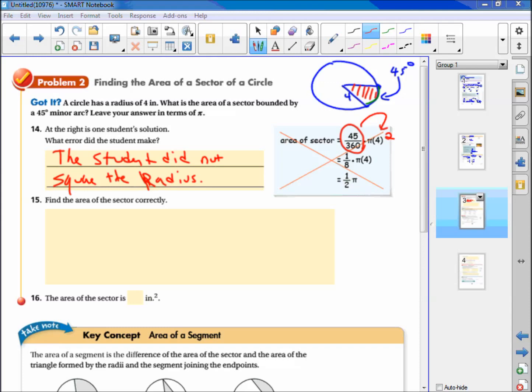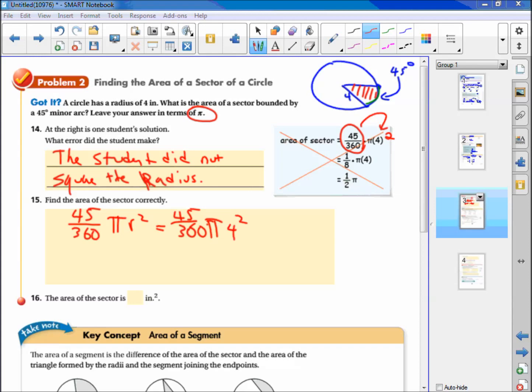So we have to redo the problem here. And remember, we want to leave our answer in terms of pi, so we are not estimating this time. We want to find the area of the sector. That's going to be 45 out of 360 again, times pi r squared. In this case, r is going to be 4, so 4 squared.